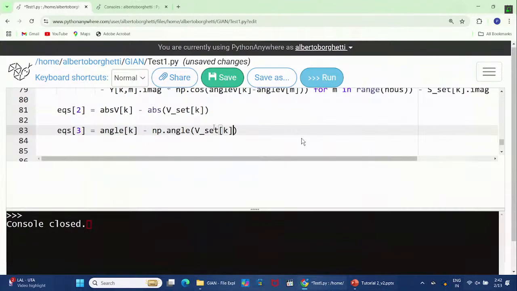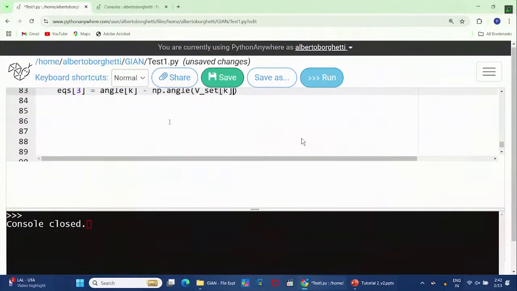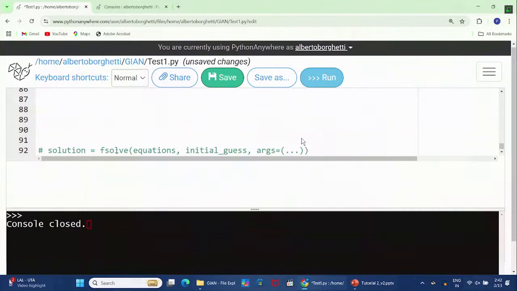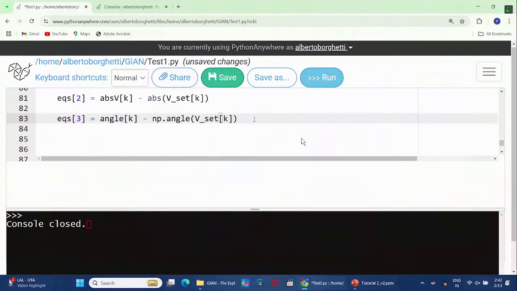But before closing, we need to say that this function needs to be used by fsolve. So we need to give fsolve the result. So we need a return instruction. So at the end, we put also a return. And what is the important thing? It is the value of this residual, so EQS.